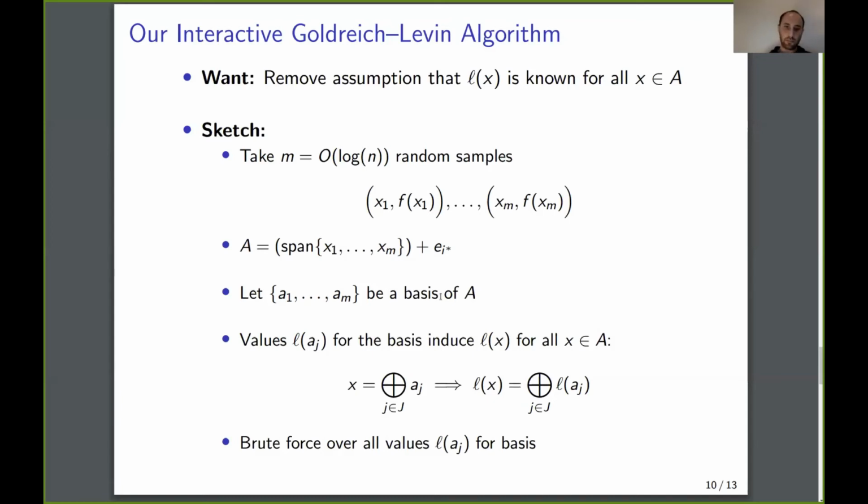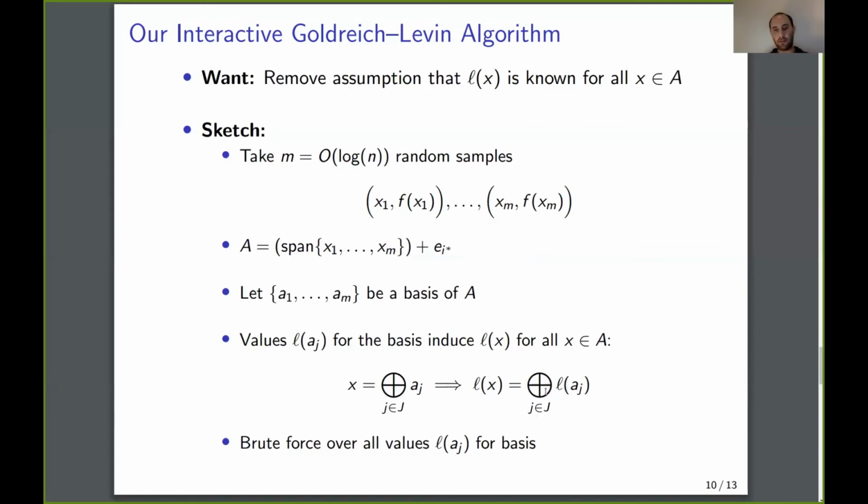Notice that previously we assumed that we know the value of L on all the x's in A. The value of L on A is defined by the value of L on this basis, A1 till Am, because L is a linear function. Once you know its evaluation on all the Aj's, and each x is just a linear combination of Aj's, then the value of L at x is simply the linear combination of the values of L on the Aj's.